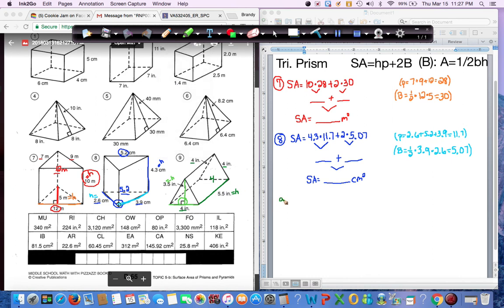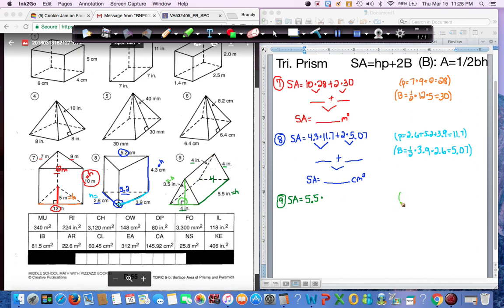All right, number 9. Surface area equals the height of the prism. That's this H, the height of the prism, not the triangle. 5.5 times the perimeter. So this is where we're going to add up the 3 pieces. Okay, we're going to add the 4 plus 4 plus 4 because that's the perimeter of the triangle.